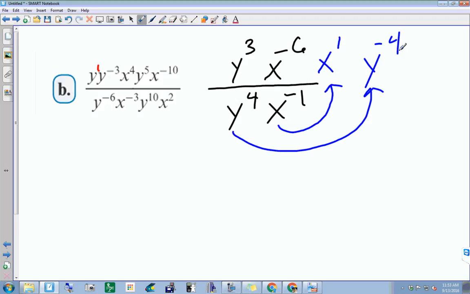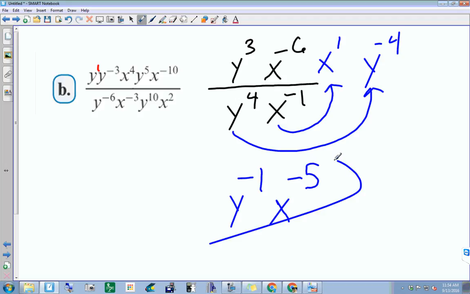So now I'm going to do exactly the same thing that I did over here. So if I've got y to the 3rd, y to the negative 4, I am now going to have y to the what? Okay. If I've got x to the negative 6 and x to the 1st power, I'm going to have x to the what? Negative 5.